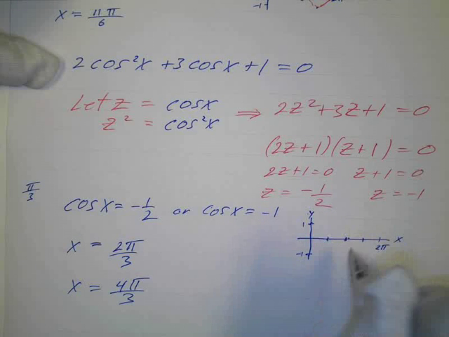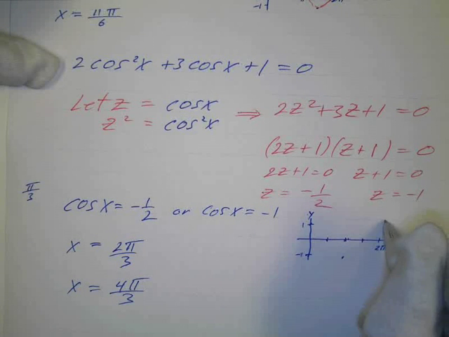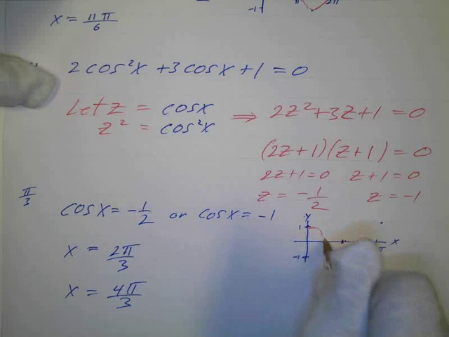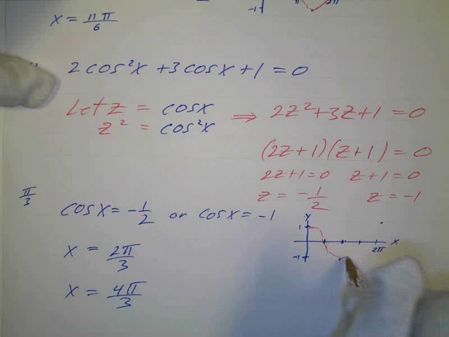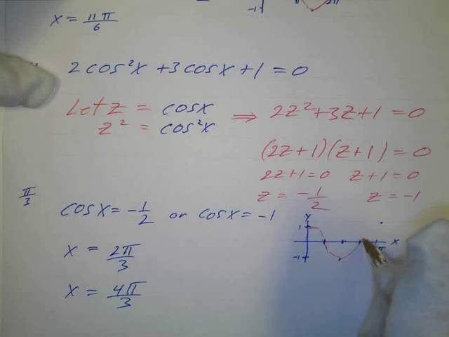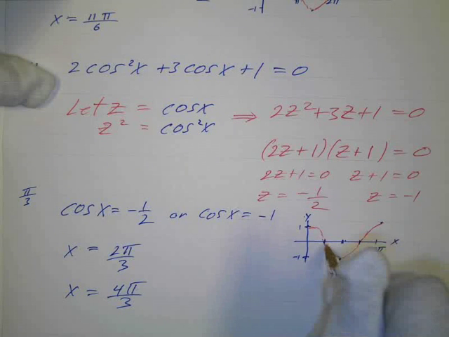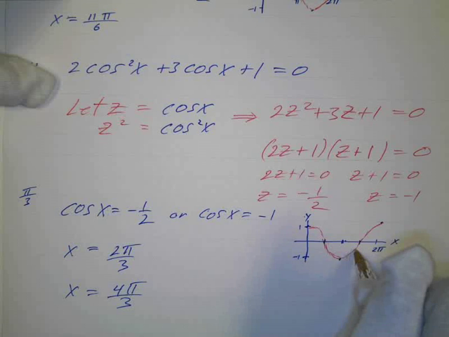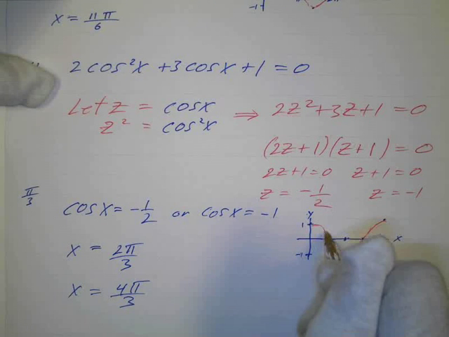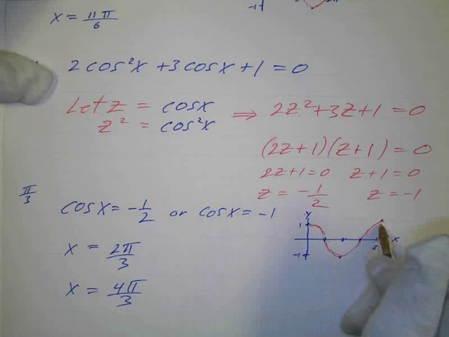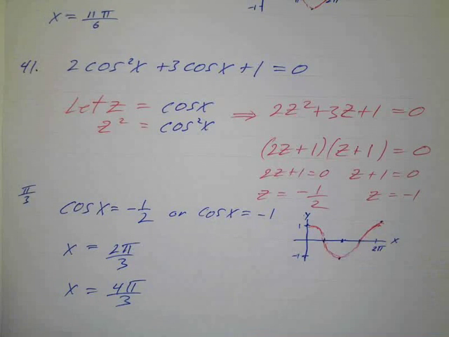And the cosine starts at 1. So there's your cosine graph. You should visualize it. That's all I do, is I visualize these things so I can see what the values are. Now you could use the unit circle, and then you could use the quadrant angles, I should say. But there's the cosine.